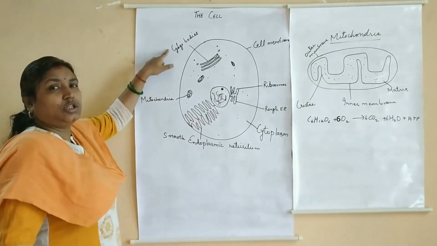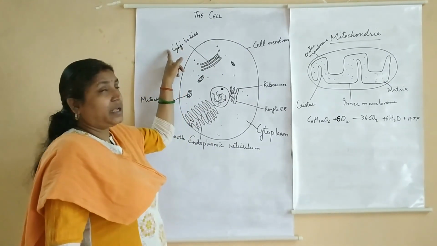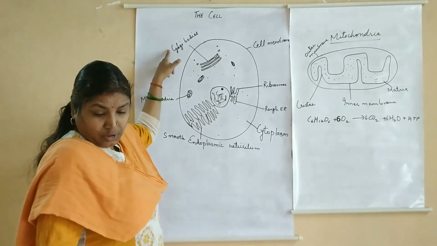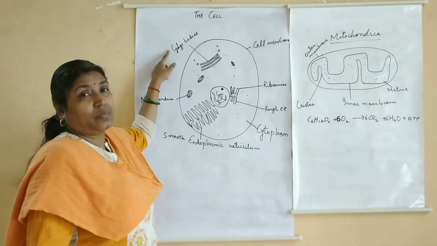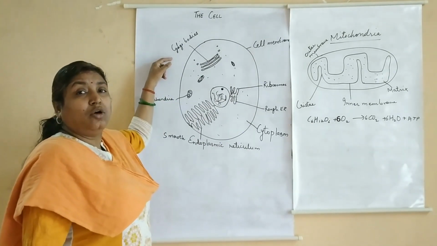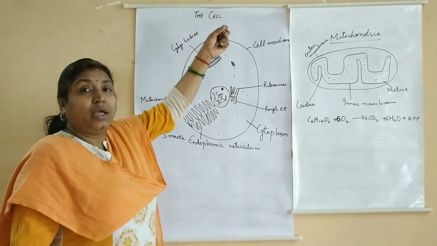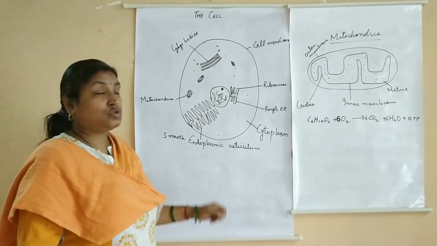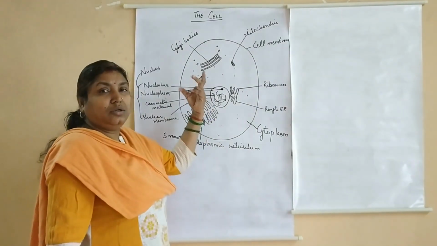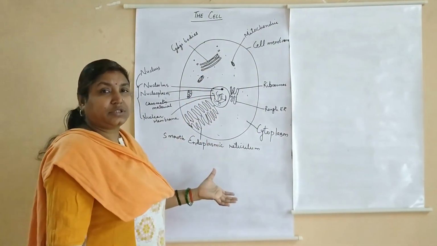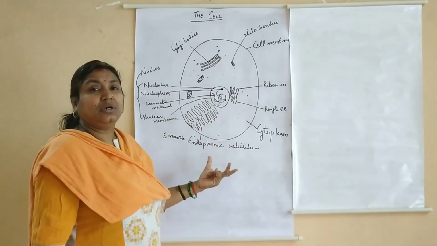They are flattened membrane-bound sac-like structures responsible for secretion of enzymes and hormones. And the vesicles that are produced help in transporting the enzymes and hormones to different parts of the cell. So this is your generalized structure of a cell, with all the cell organelles present in the cell.